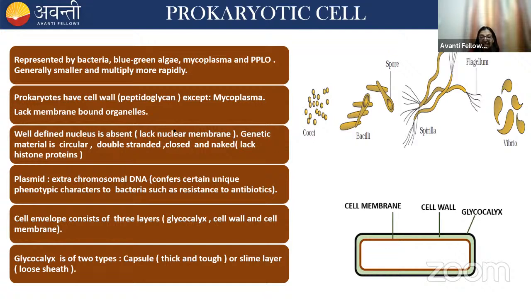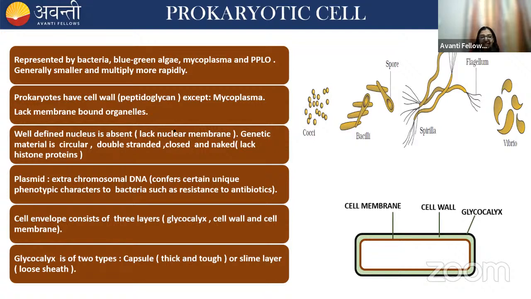Inner to the glycocalyx, a cell wall is present, and in bacteria and prokaryotes, the cell wall is made up of peptidoglycan. Inner to the cell wall is the cell membrane. The cell membrane in prokaryotes as well as in eukaryotes is similar. They are selectively permeable and phospholipid bilayer in nature.